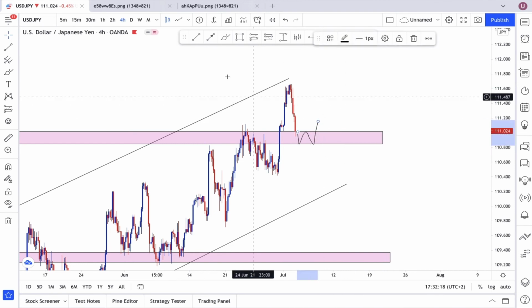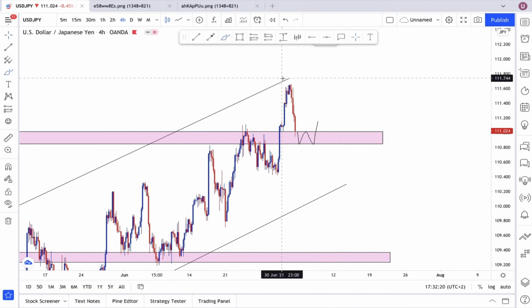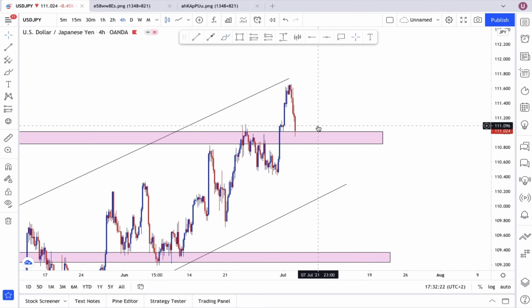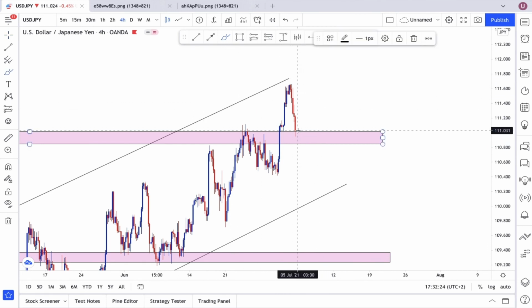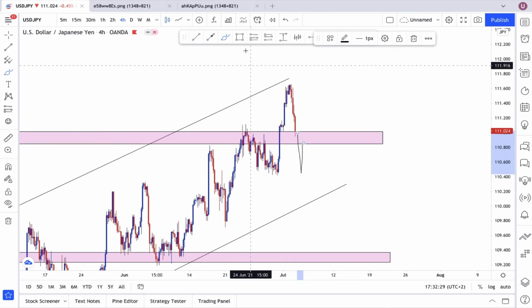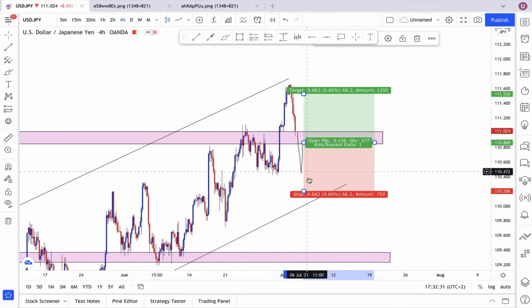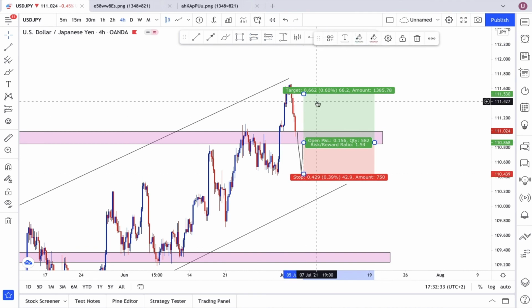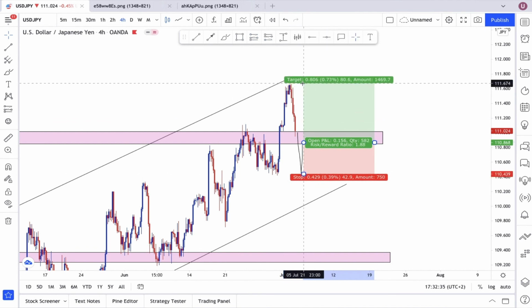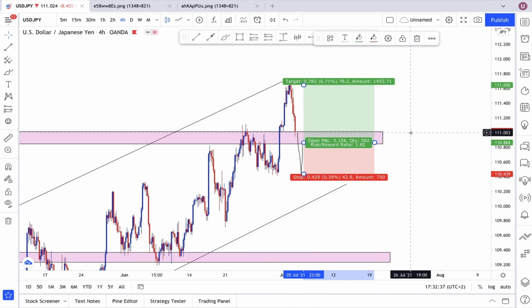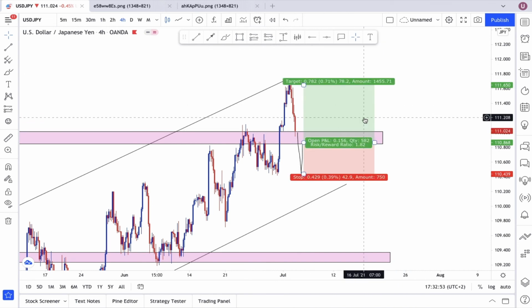Or you can be looking for the market to break to the downside, give you a clear rejection on the daily time frame, and then take the trade from there, your stop being there and your first take profit target being there. But this is not a good risk to reward ratio, hence why I'm saying a sell off to the downside would be better.